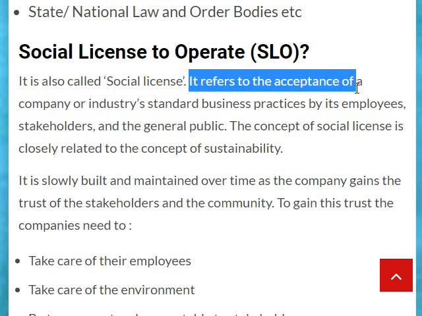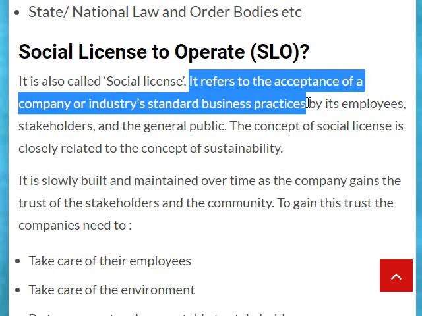It refers to the acceptance of a company or industry's standard business practices. So, this is not as formal as a regulatory license, but it has a lot of importance, especially nowadays when people are becoming more aware of good business practices.